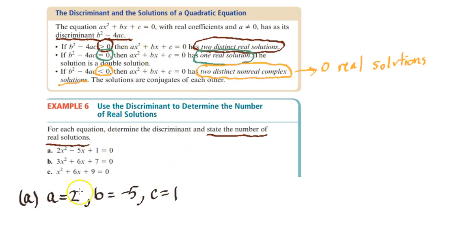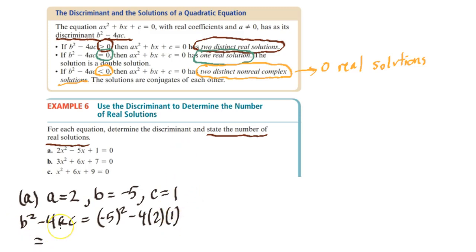After you figure out what a, b, and c are for the problem, you just plug it in for b squared minus 4ac. So b squared, that's negative 5 squared minus 4, and then a is 2, and c is 1.